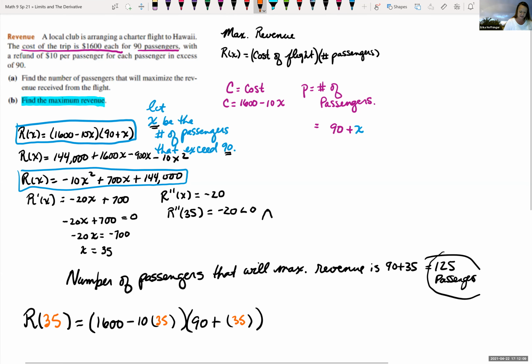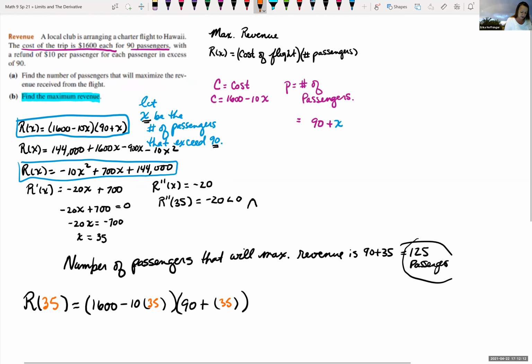Order of operations: let's simplify inside the parentheses and then multiply. So we have 1,600 minus 10 times 35, so 350, and then we have 90 plus 35, which is 125.